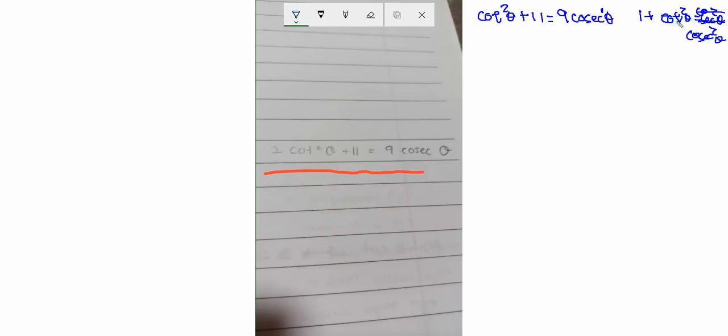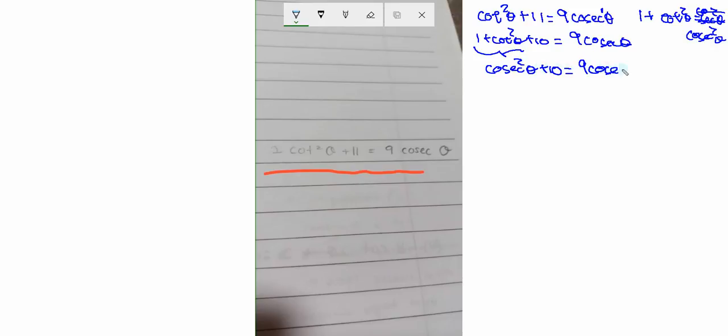I'm going to take 1 out from the 11. So it's 1 plus cotangent square theta plus 10 equal to 9 cosecant theta. This one becomes cosecant square theta plus 10.